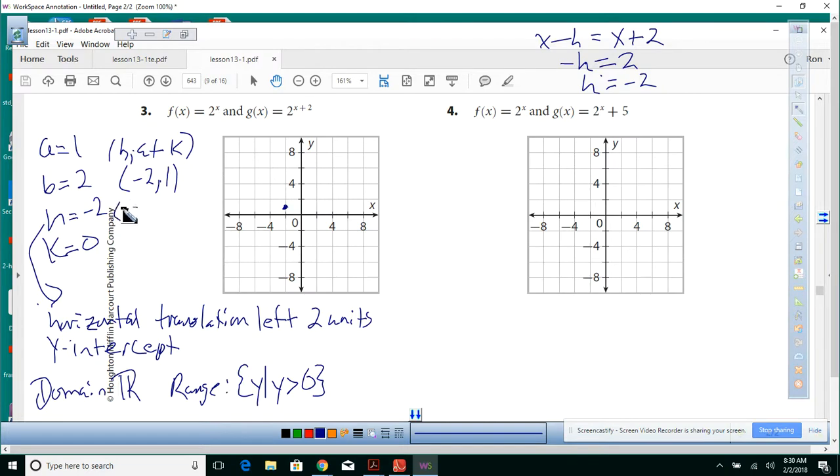And then the other one is h plus 1 and a times b plus k. So h plus 1, negative 2 plus 1, that's going to give me negative 1. A times b, 1 times 2 plus 0 is 2. So I got negative 1, 2. All right. And then it's going to go here like this.